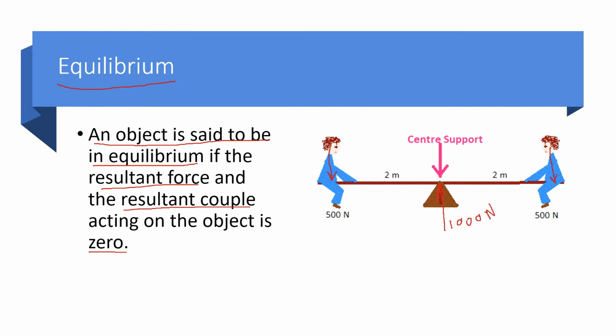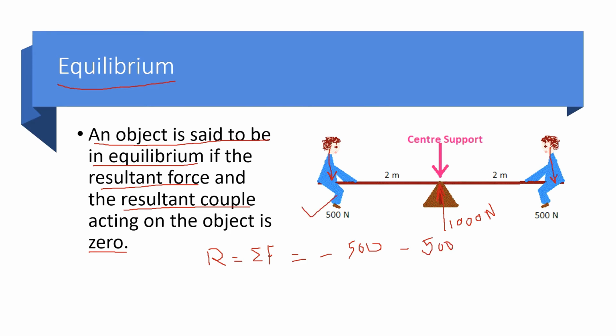Now let us apply the formula for resultant. Since this forms a parallel force system, can I say the resultant is equal to the summation of force. While calculating force, I'll take downward force as negative, so first is minus 500, that's the first force. Next is again minus 500, that is the second force.